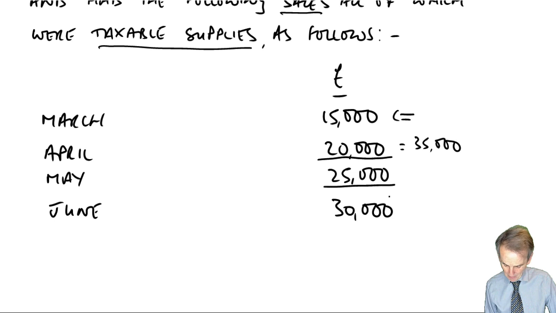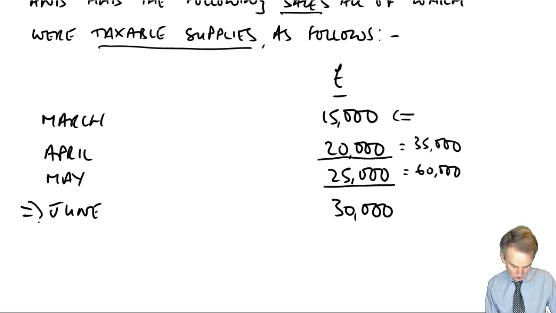Add on the next month of May, that therefore, add 25 to 35 equals 60,000. We've still not reached that cumulative level in excess of 85,000 up to this month end over a period of 12 months. That's just a 3-month period, but we're up to 60,000. Well, we don't have to wait much longer.